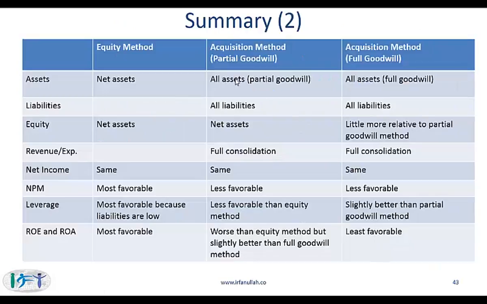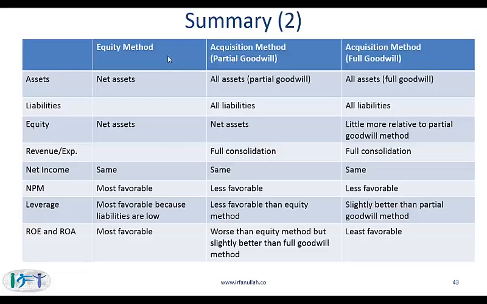From a testability perspective, there are two major categories of questions. One category involves recognizing which method to use. You will be told that there is significant influence, and you need to figure out that the equity method is the right method.